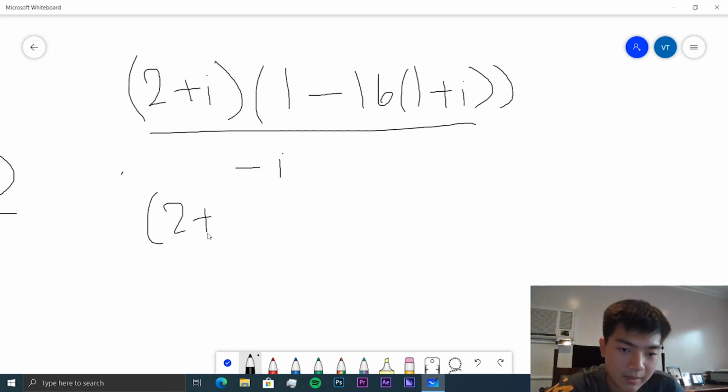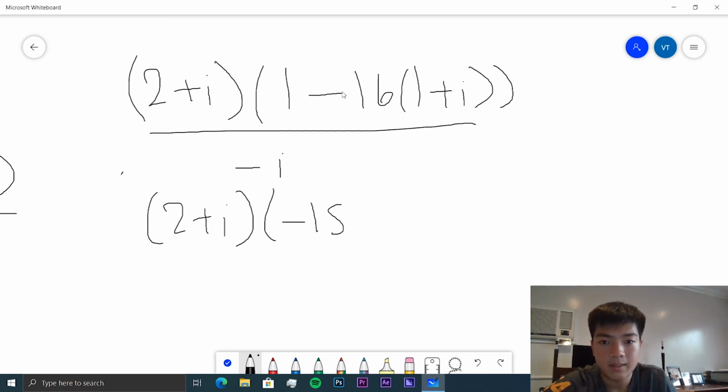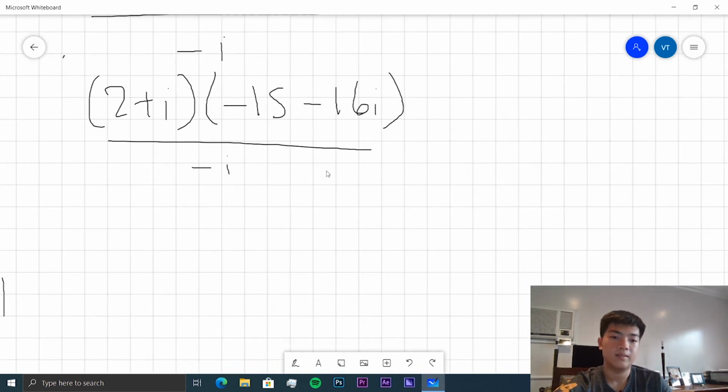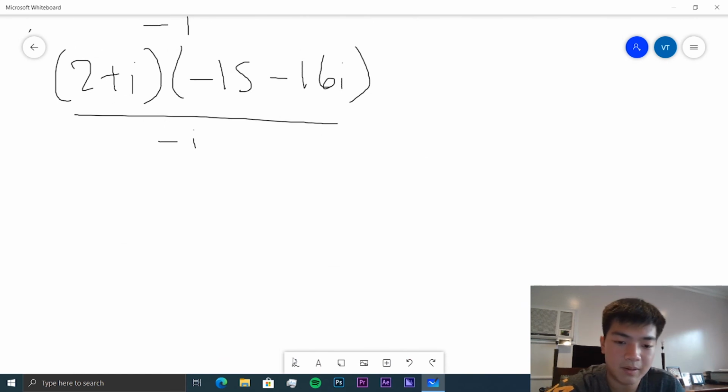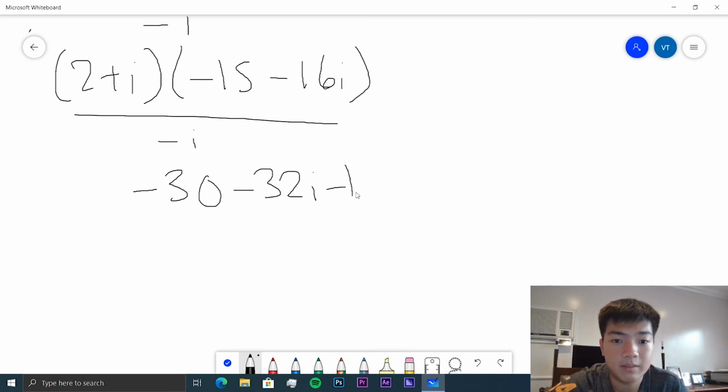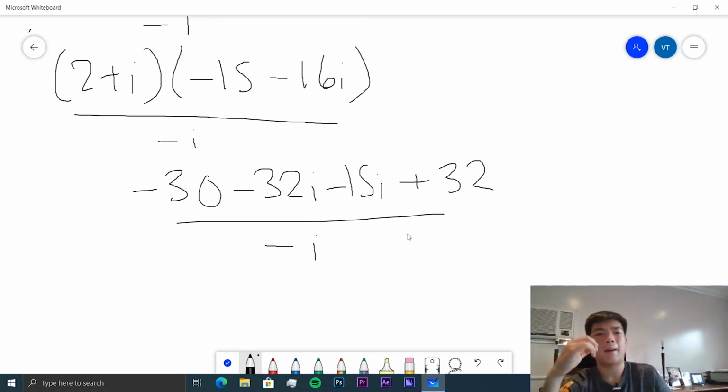So we have 2 plus i times 1 minus 16, so this is negative 15, minus 16i, all over negative i. So if we multiply this top part out, we get negative 30 minus 32i minus 15i plus 32, all over negative i. I think that's correct.